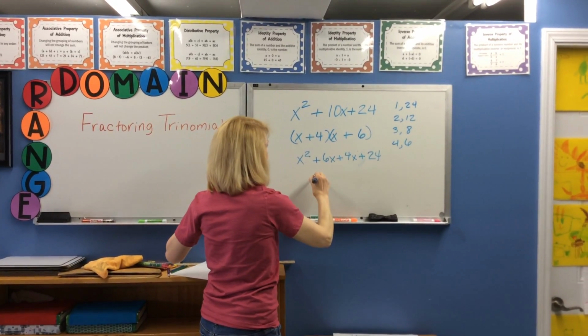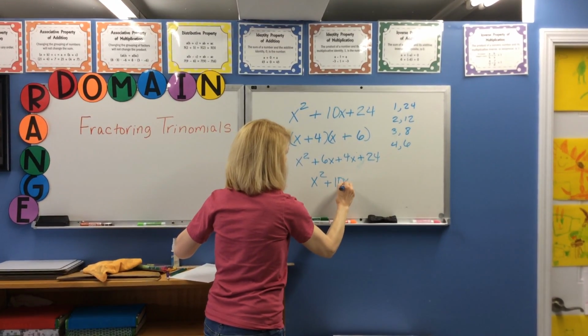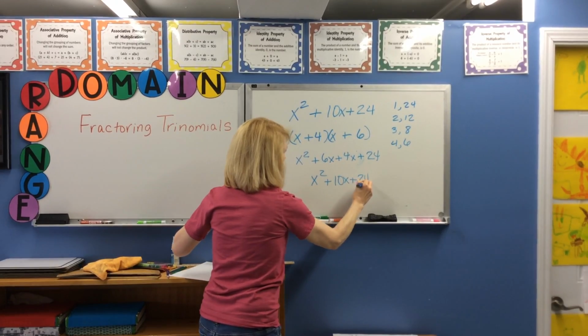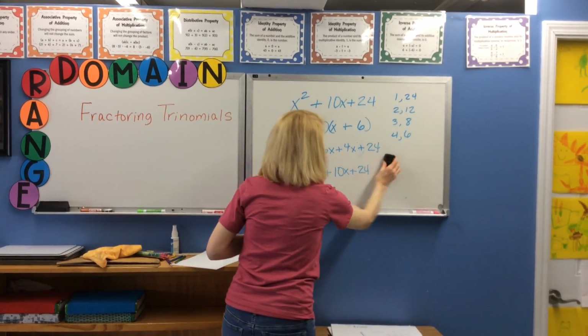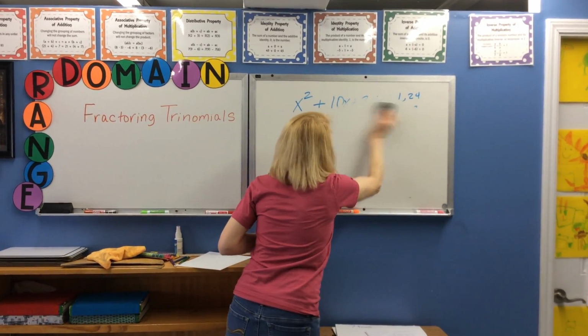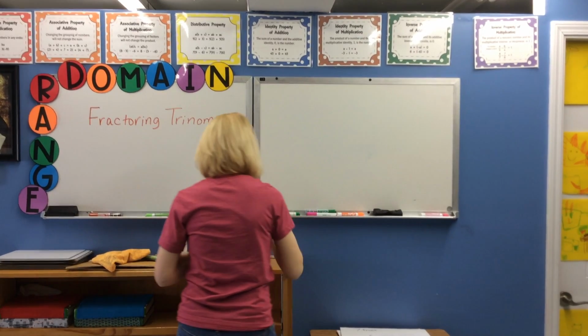And then when you add 6x and 4x, you get the original trinomial. Okay, so that's what we're going to do. I'm going to do a couple more because sometimes they get tricky when you've got a negative number in there.